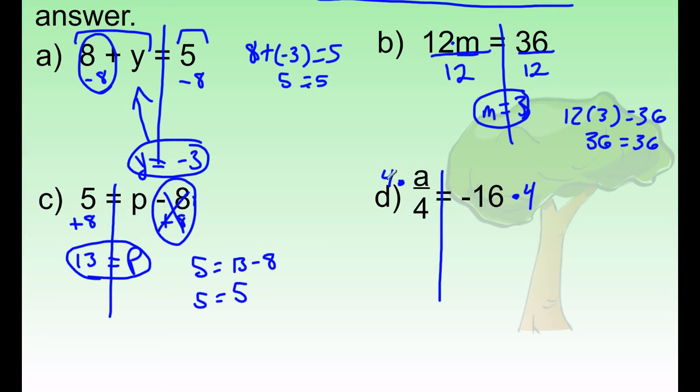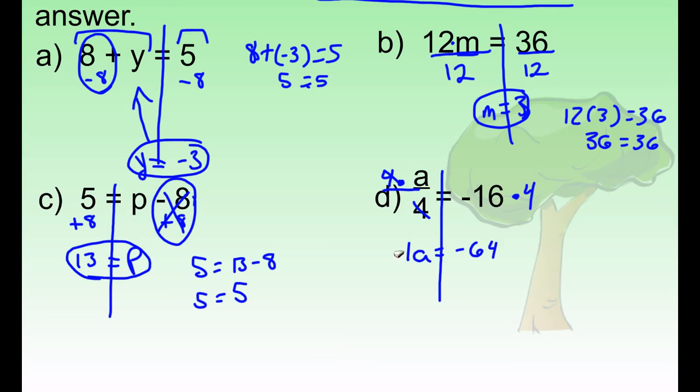These 4s cancel the same way that these 12s canceled. Because I'd have a 4a up top and a 4 down below. So this 4 and this 4 can divide, give me 1a, and that gives me a negative 64.